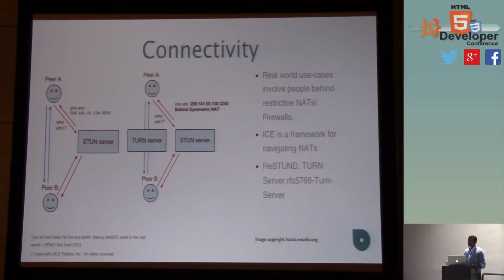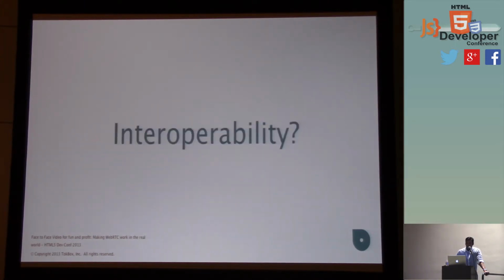You have to do capacity planning in terms of how many concurrent streams you're willing to support, and actually scale all of that out. And so connectivity doesn't come for free. And interoperability is also a very important consideration to think about as you all are building sophisticated WebRTC applications.